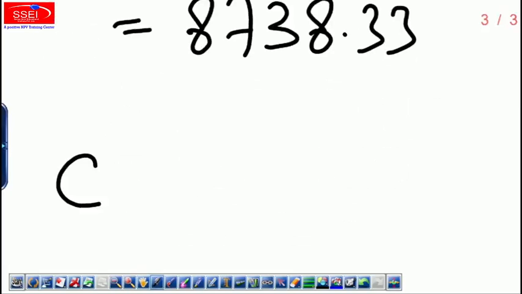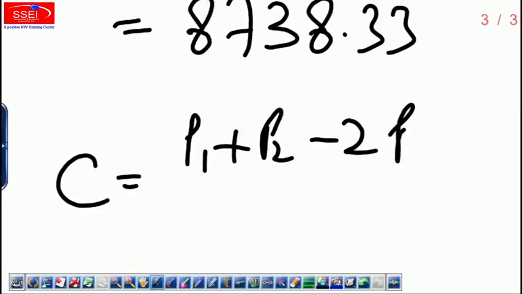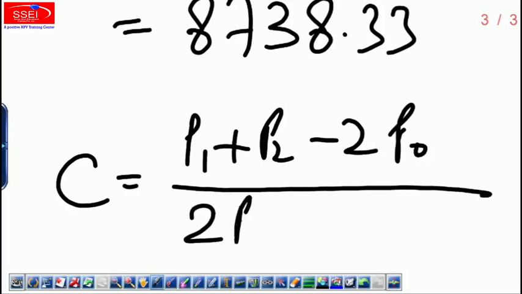So let's apply the formula. Convexity equal to P1 plus P2 minus 2P0 divided by 2P0 delta YTM square.